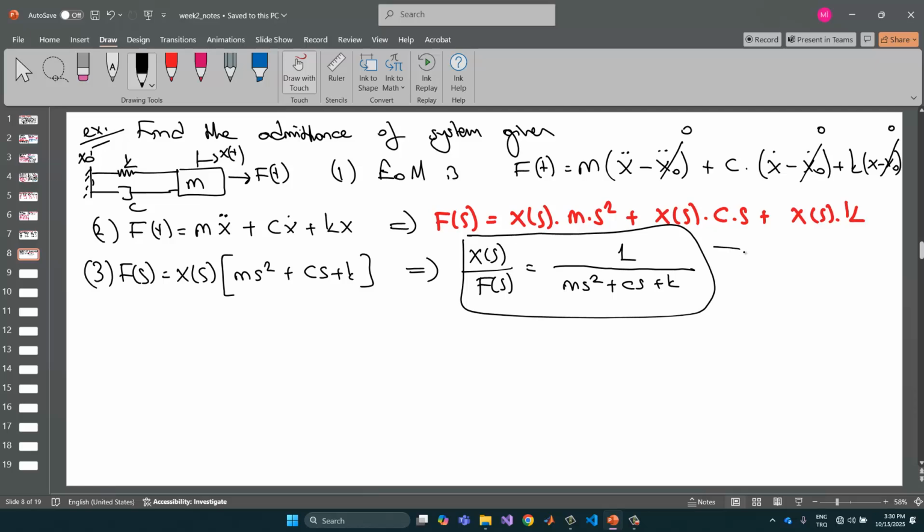This is the transfer function of the system, right?